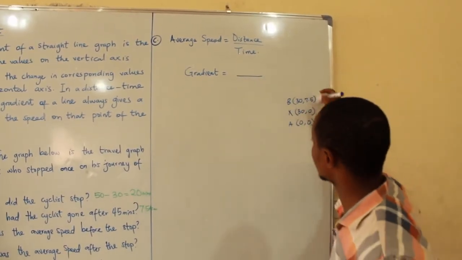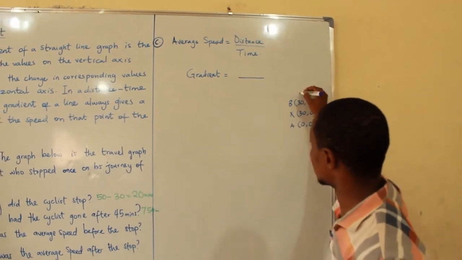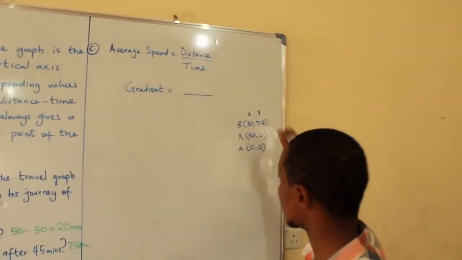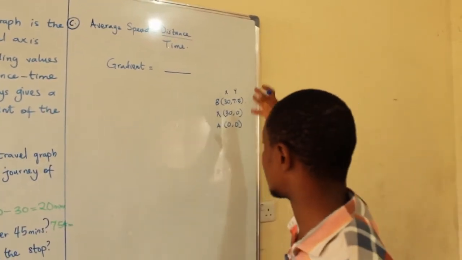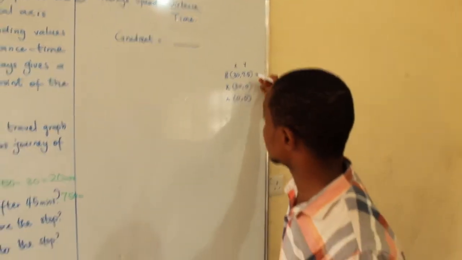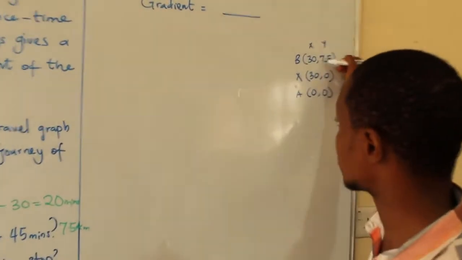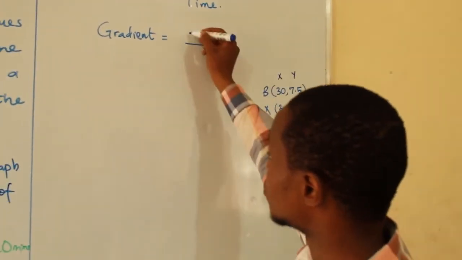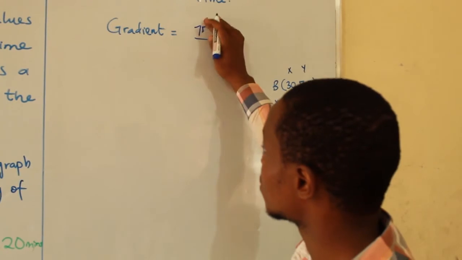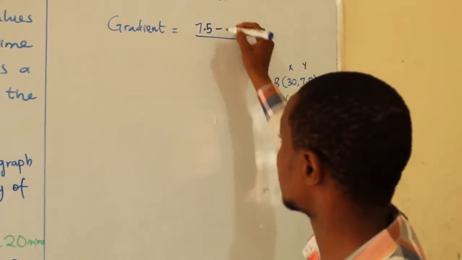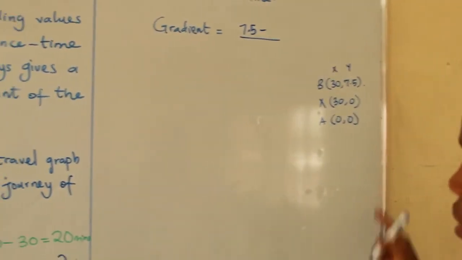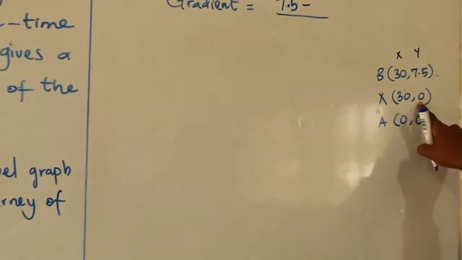Remember that in a graph, we have x and y coordinates, and the y always represents the vertical axis. Now, 7.5 is the highest point on our vertical axis. I'm just going to compute that here. 7.5 kilometers minus, and the lowest value there is 0.